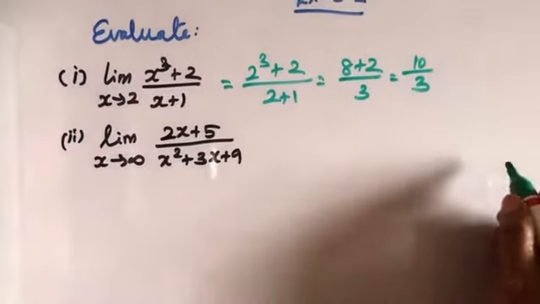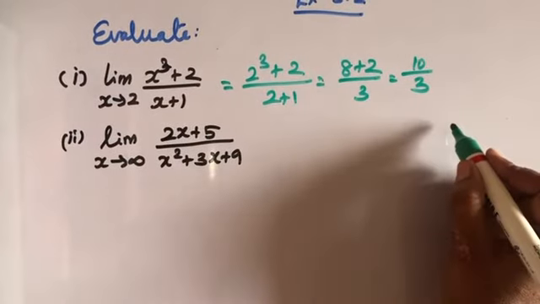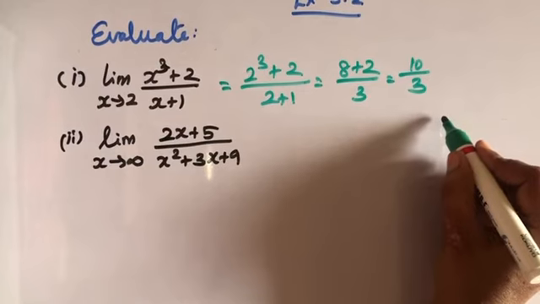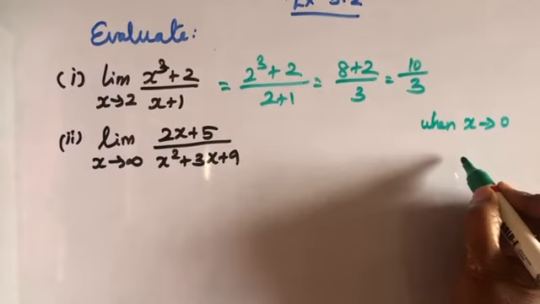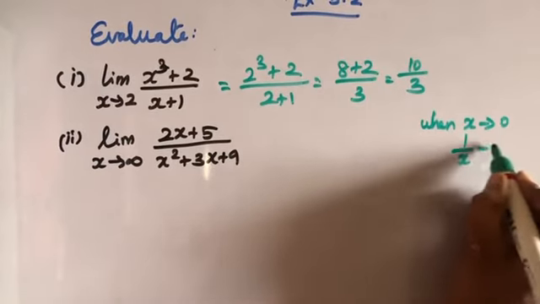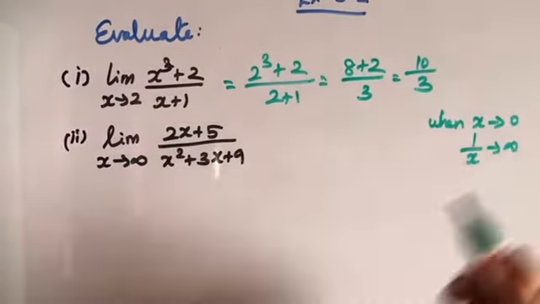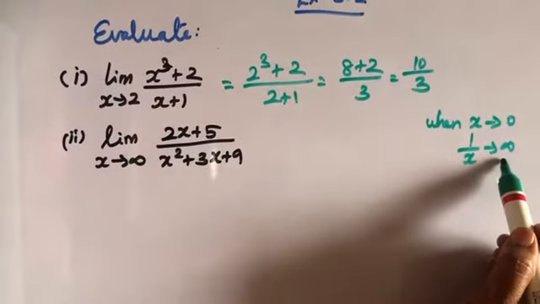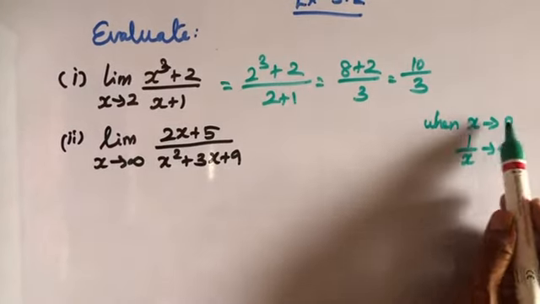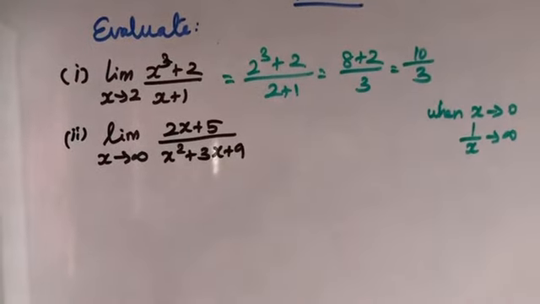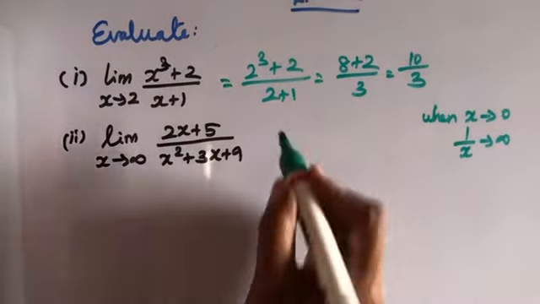So, when infinity is coming, we substitute like this: when x tends to 0, 1 by x tends to infinity, that is 1 by 0 is always infinity, isn't it? Anything divided by 0 is infinity. So, when x tends to 0, 1 by x is infinity. So, always we should try to bring x in the denominator.